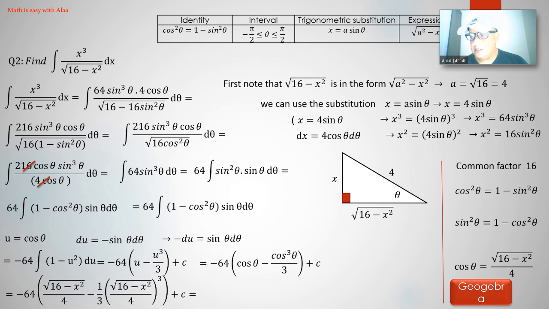Now use the distributive property. Minus 64 times the square root of 16 minus x squared over 4 will be minus 16 square root of 16 minus x squared, plus 1 over 3 times the radical of 16 minus x squared cubed, plus c.